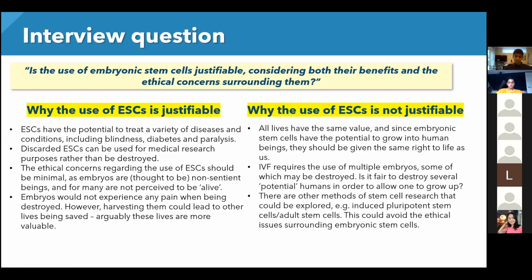Is it fair to destroy several potential humans in order to allow one to grow up? And also, again, there are other methods of stem cell research that could be explored, including induced pluripotent stem cells, which can avoid the ethical issues surrounding embryonic stem cells. But as we mentioned at the beginning, there are obviously limitations to using these as well.